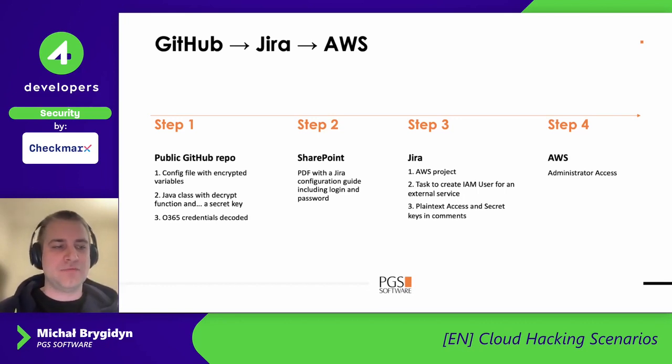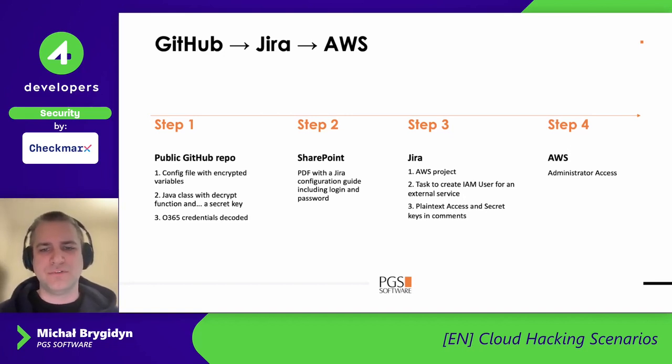So as admin of Jira, I had access to all projects there. So I found a project with AWS in the name. And in that project, I was looking for something that can lead me to next steps. But it was a bit better because one of the tasks was to create a user, and the user would be used by an external service.